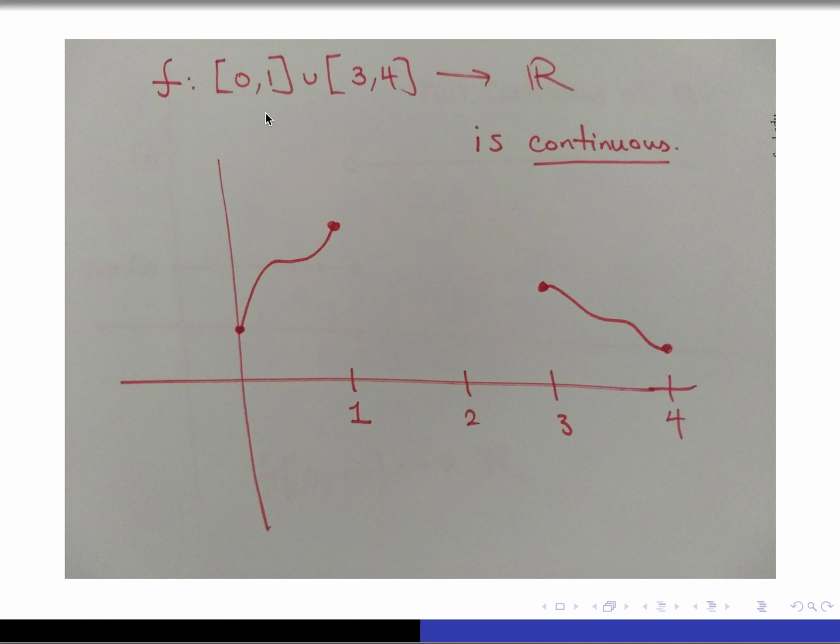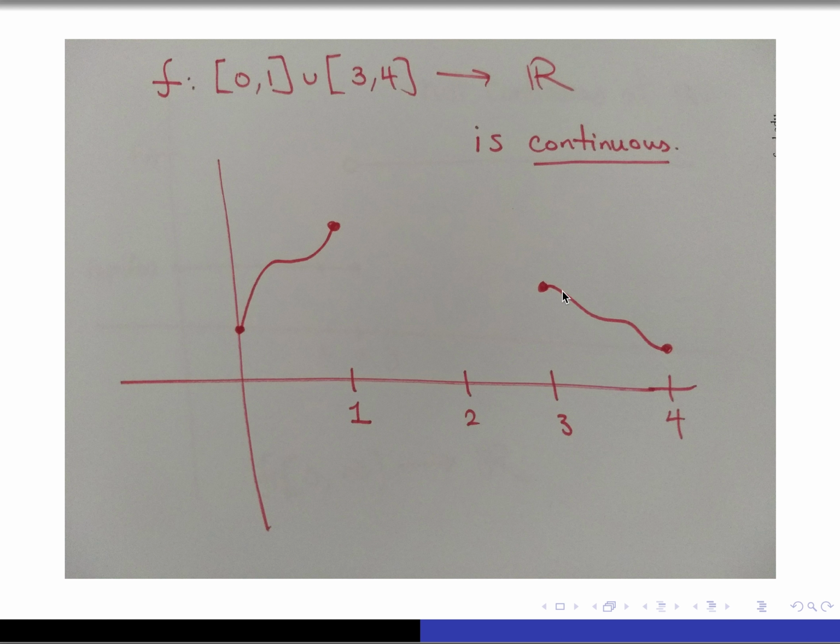Again, when we say a function is continuous, we mean it's continuous at a particular point in its domain. So we can ask, is this function continuous at 1/2? Yes, here's 1/2, and it looks very continuous. Is it continuous at 3.2? 3.2 is over here, and it seems continuous there as well. The only thing you might worry about is whether it's continuous at 3. Let's look at points in the domain that are close to 3.